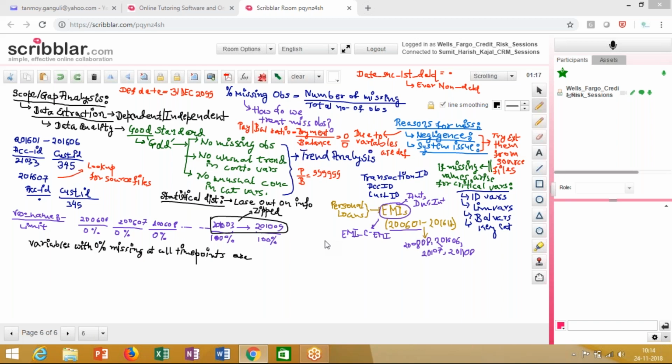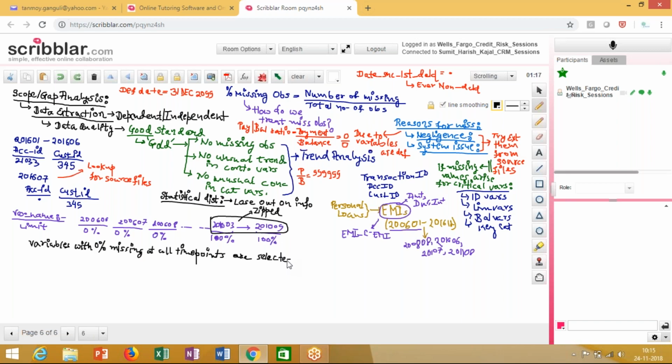That is the reason why variables with 0% missing at all time points are selected for the next stage. I have been working with Middle East banks for quite some time, and over there this kind of problem is very frequent.